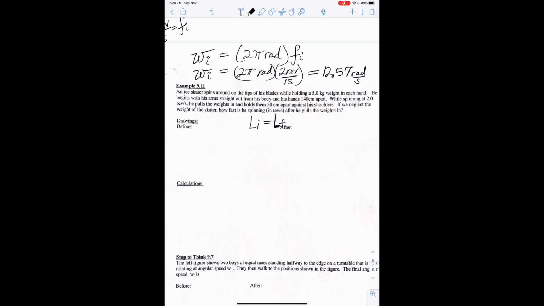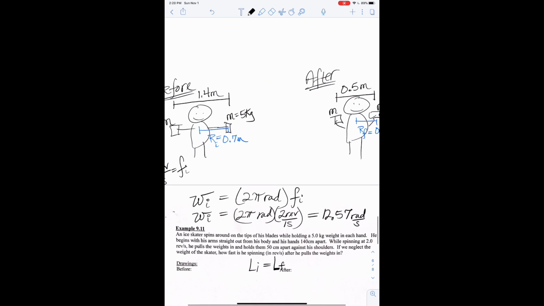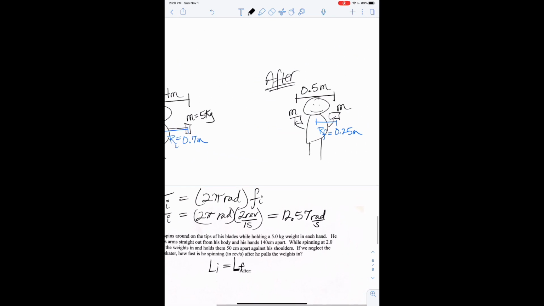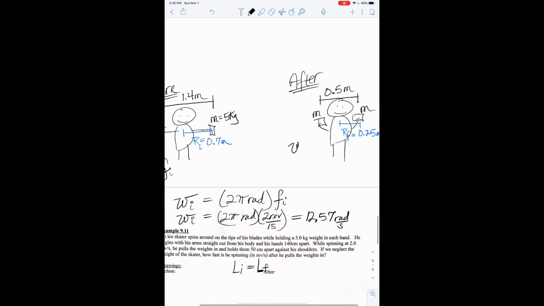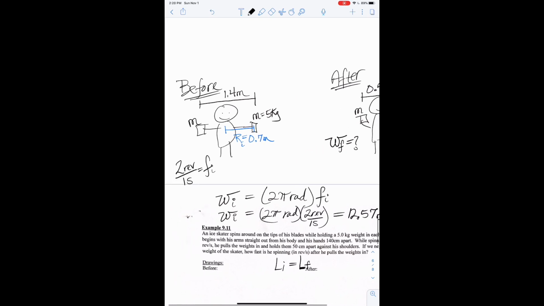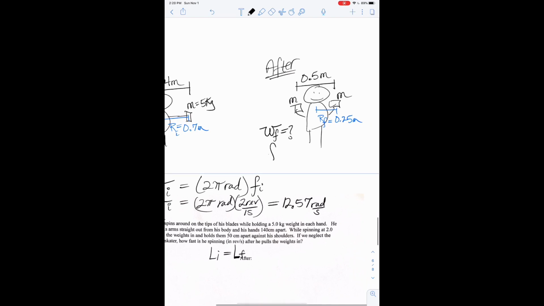Since both masses have the same angular velocity initial and the same angular velocity final, I'm having a hard time writing that, let me just start over. We want to know what the final angular velocity is, right? We'll find that first, and then get the final frequency, which we also want to know.